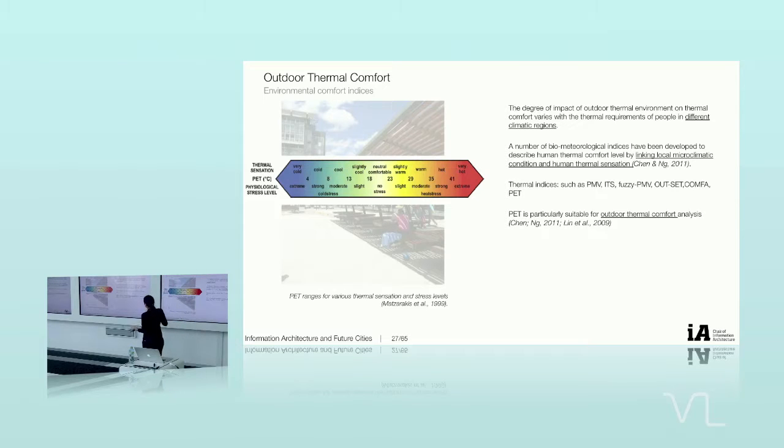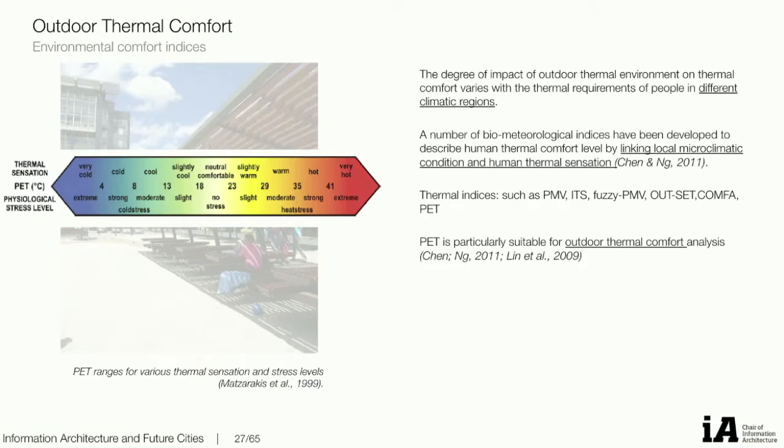So, for example, what it mainly tries to link is that in cities or countries that are very warm, people are used to warm conditions. So for them, warm weather can be 29, rather than people living, for example, in Europe, where it can be very cold.